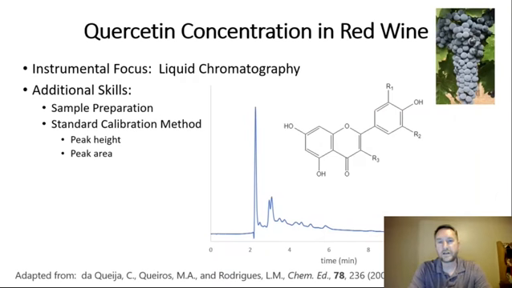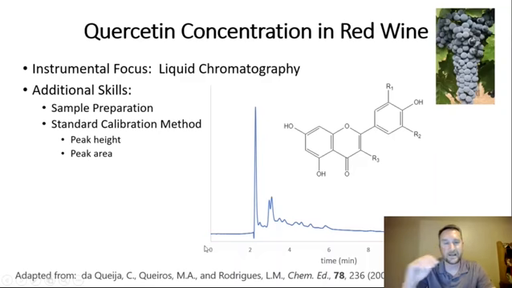Also, an extraction experiment that we did. This one was our liquid chromatography experiment. Students quantified quercetin in red wine, in particular in a Cabernet Sauvignon. We looked at quercetin concentrations because this is adapted from a Chem Ed article that describes flavonoid concentrations in a variety of red wines.